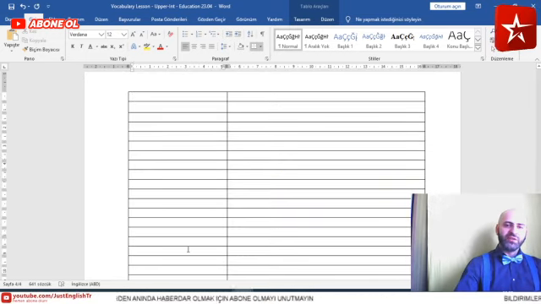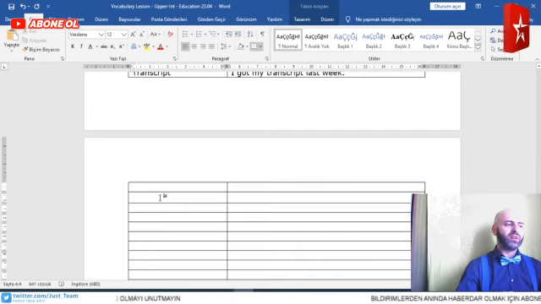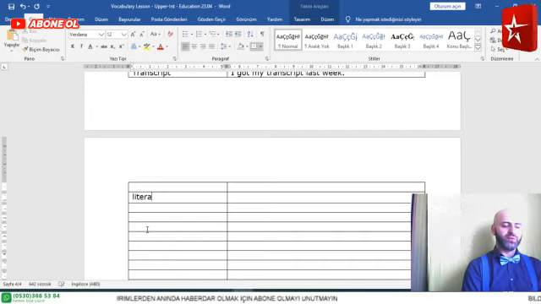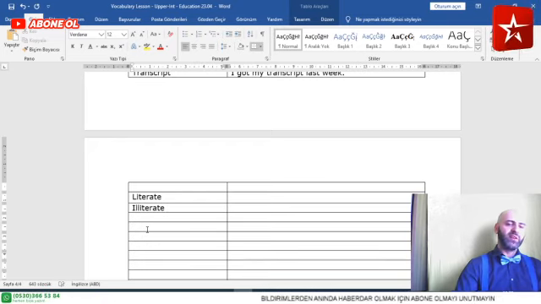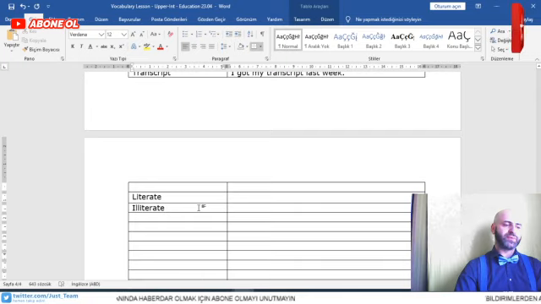Let me explain two more words which we need to know. It's not about university education, it's related more to school education. Two adjectives that we can use to differentiate people are literate, and the opposite of it, illiterate. So literate is a person who can read and write. Illiterate is a person who can't read and can't write.